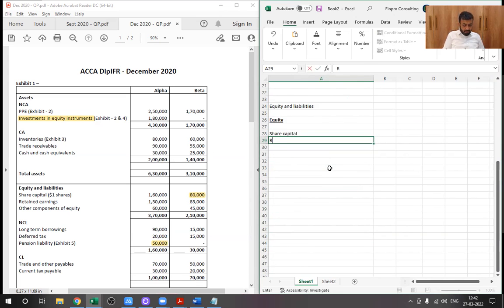Then you have retained earnings. Then you have other components of equity. For all this, you will have a working note. There will also be NCI in this case, correct? Non-controlling interest you will have. Keep one or two places blank and then go for the liabilities.